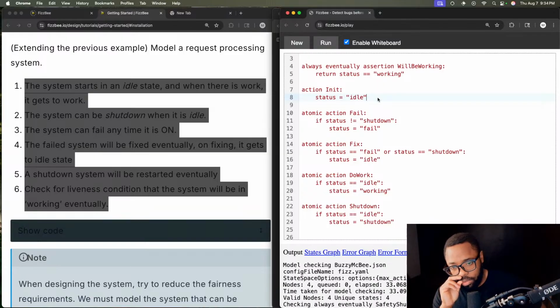Because what I implemented yesterday, as you can see, is that when the system is in idle, either it shuts down because there's no work to do, or the do work one gets triggered, right? And I think the original thing that I did was I encoded that binary choice as a one-off, because that's a construct of the language.